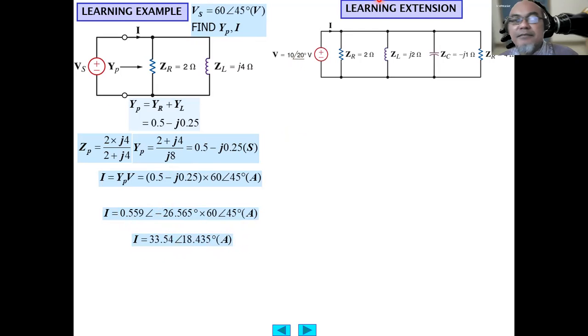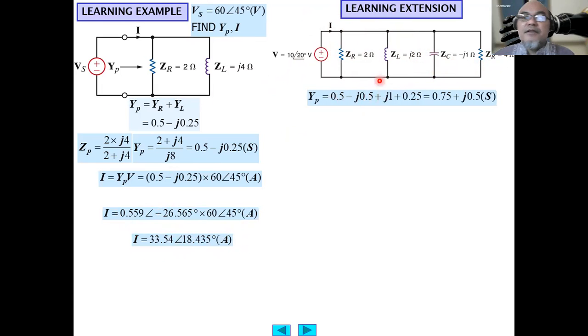Another example here: we have a voltage source of 10 with a phase angle of 20 degrees volt, connected to parallel branches of a resistor, inductance, capacitor, and another resistor.